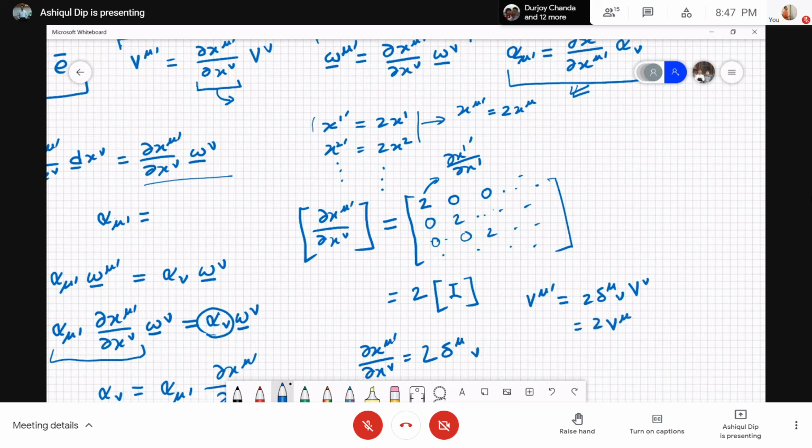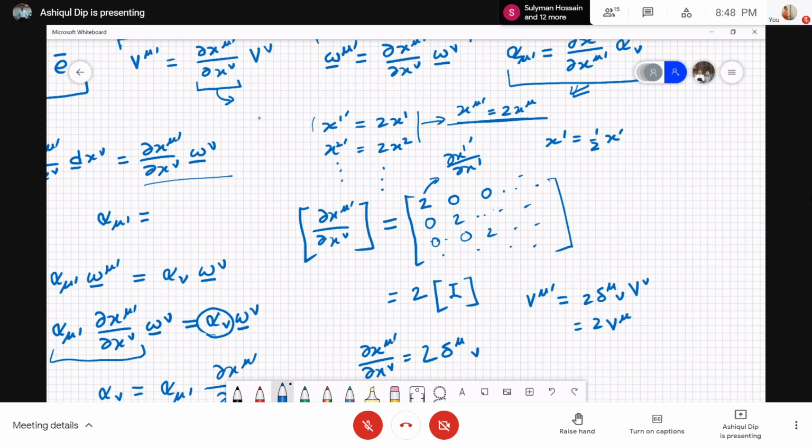So when we have a relation like this, where the new coordinate is twice the older one, we could write it the other way as well: x1 equals half of the new coordinate, the older one is half of the new one.